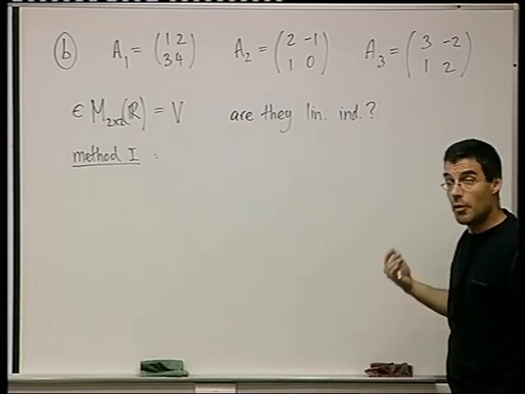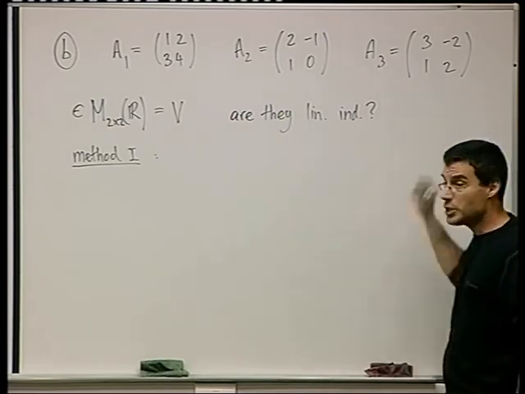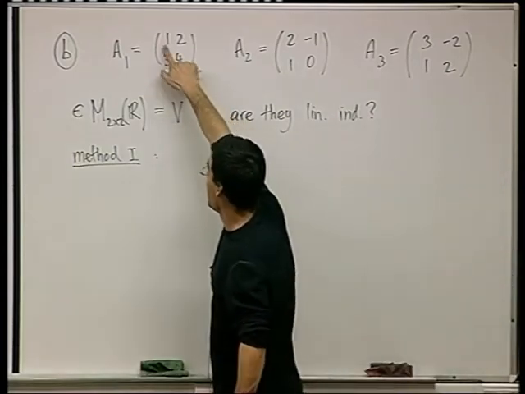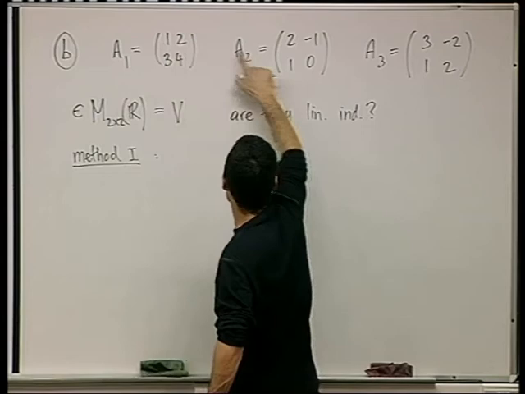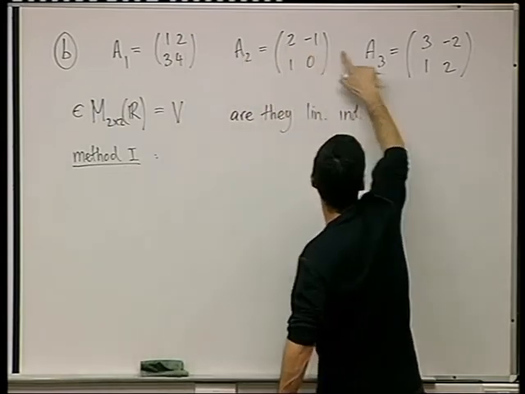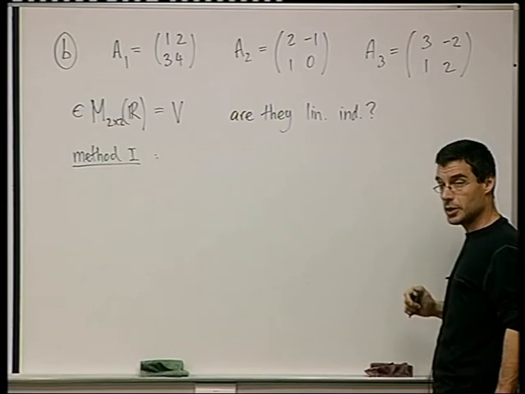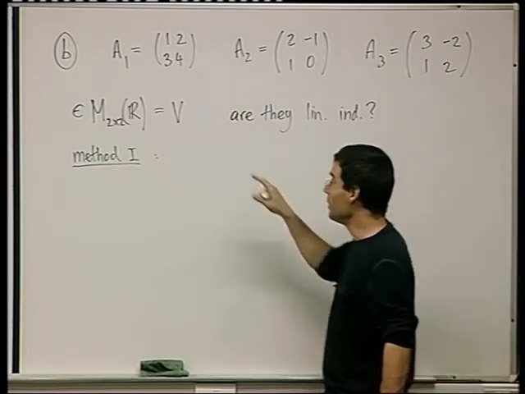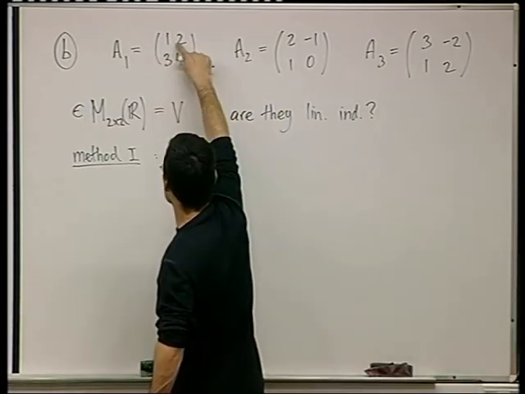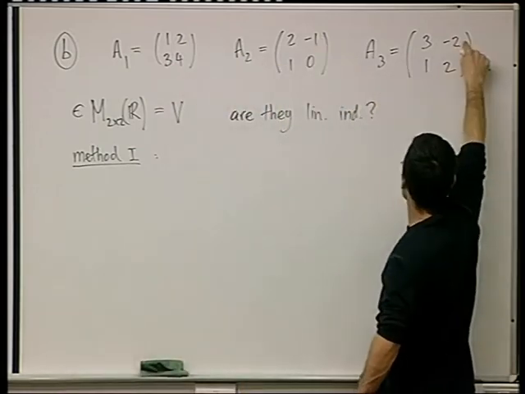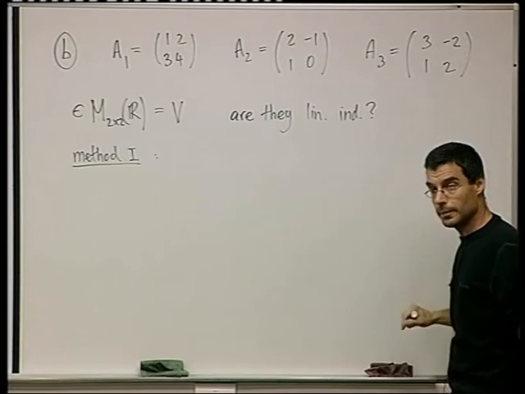That would yield 4 equations, one for each entry. Do you see that? The first one is going to be alpha 1 times 1, plus alpha 2 times 2, plus alpha 3 times 3 equals 0. That's the first equation. The second one is going to be alpha 1 times 2, plus alpha 2 times negative 1, plus alpha 3 times negative 2 equals 0.